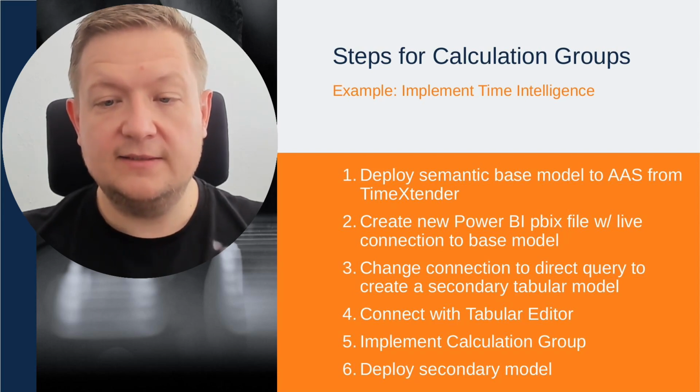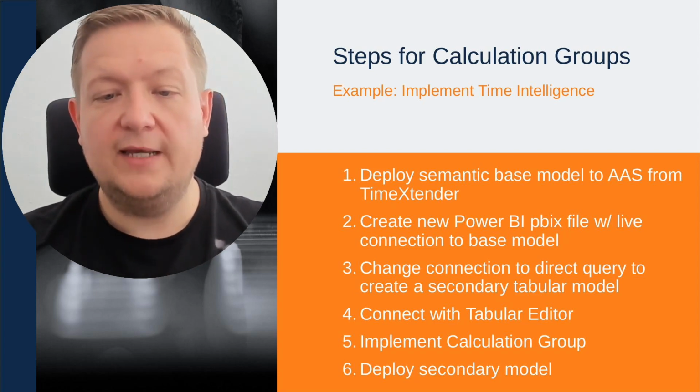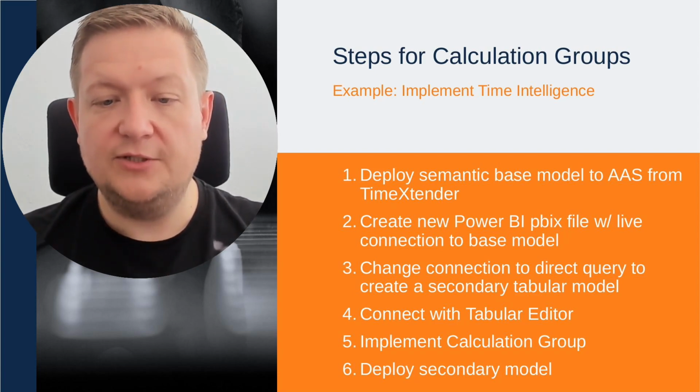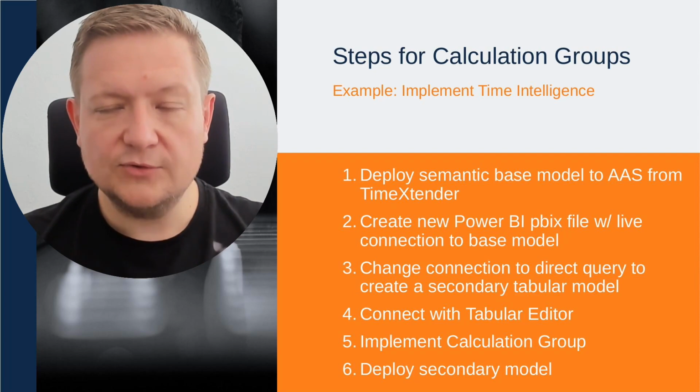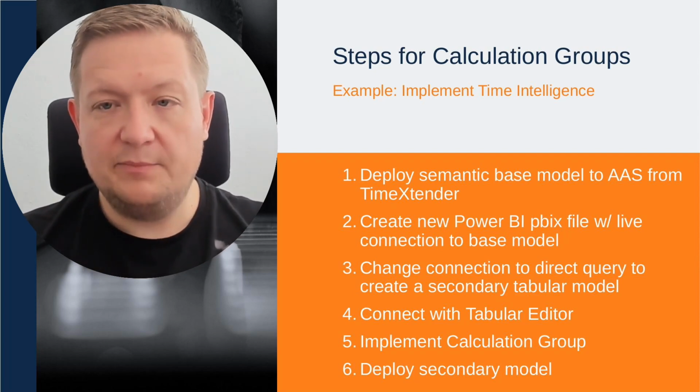And this change of connection will actually create the secondary tabular model. To this model in turn, we can connect with the Tabular Editor and use it to implement the calculation groups, the time calculations in there, to have the time intelligence in the model. We can also then build a small report right within Power BI Desktop on top of that model.